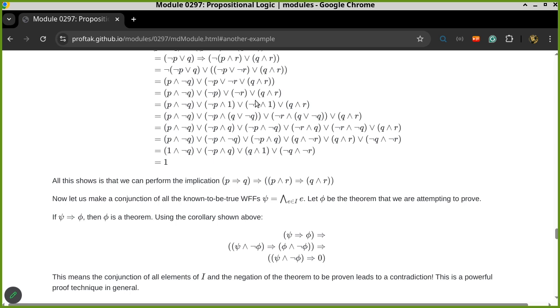Phi, on the other hand, is another Boolean expression, and we want to find out whether it is implied by psi. Because if phi, in fact, is implied by psi, then phi is called a theorem of psi. That is how we define what a theorem is in this class, and also in basically all your math classes.